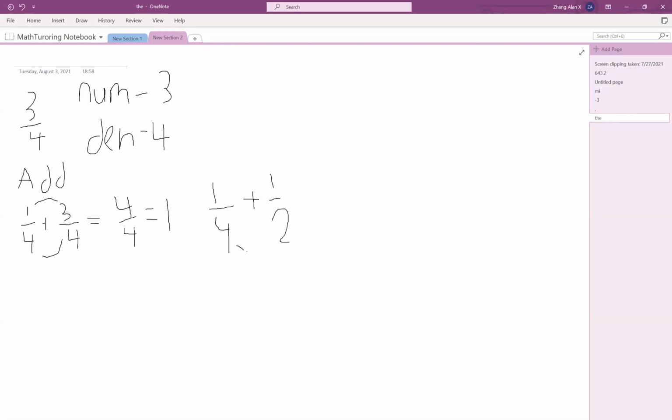Now, because the denominators are different, you have to change them. So we need to change this 2 to a 4. So something we can do is times both sides by 2/2. We can do this because when you times a number by 1, it's still the same number.